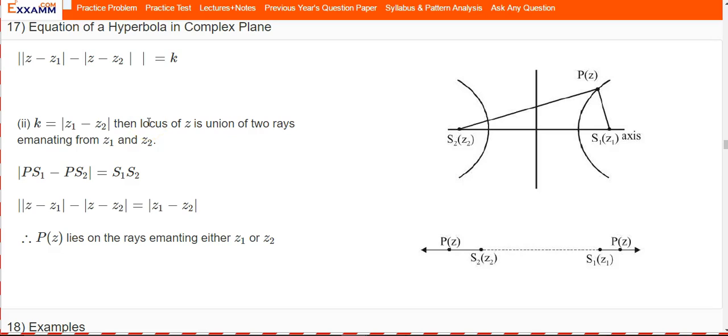Now with this we conclude this lecture, and in the next lectures we will be doing a lot of examples based first on this, and then geometrical representation of complex numbers, and then various other topics. In all these 5-6 lectures we have essentially covered the theory part, and the examples are to expand the theory.